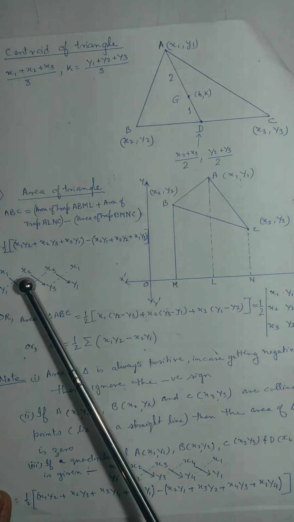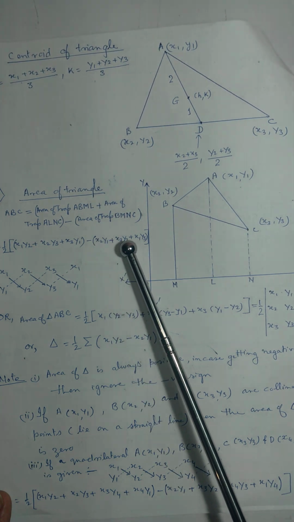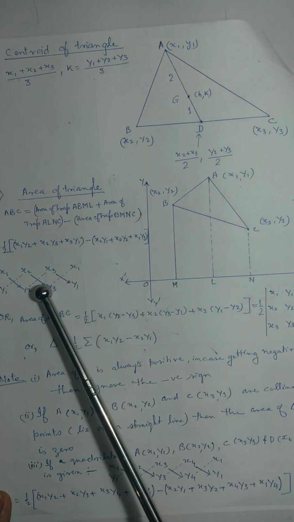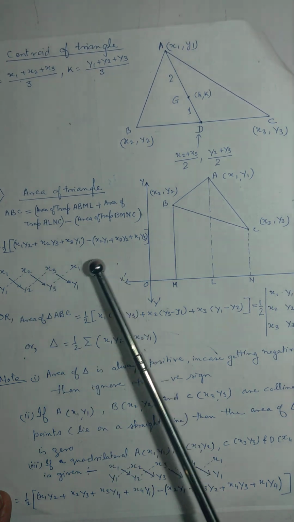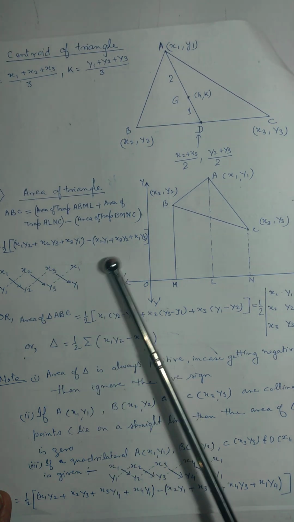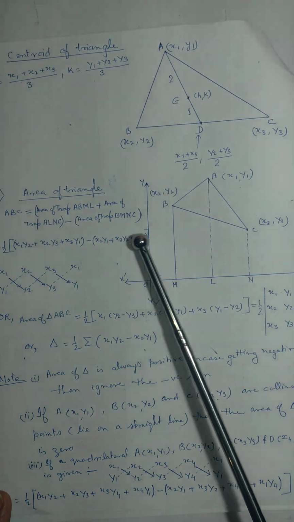And the dotted line means, after putting a minus inside the bracket, you write down x2 y1, x3 y2, x1 y3.